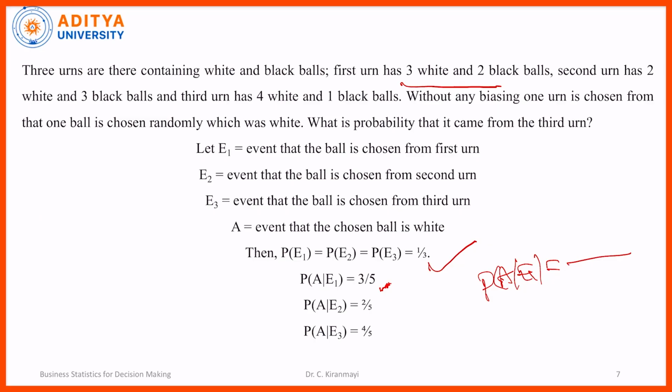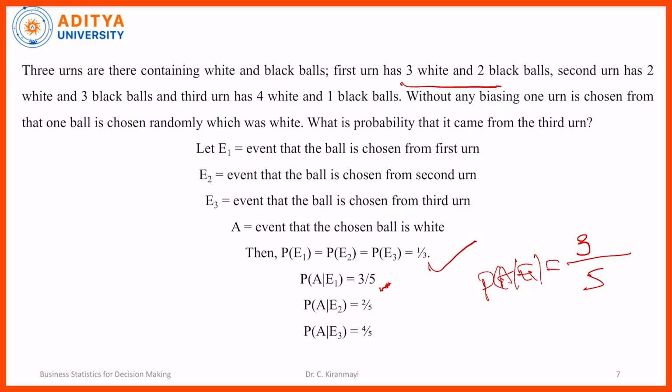How many balls are there in the first urn? 5 balls. Event A is selecting one white ball. How many white balls are there in the first urn? 3. So there are 3 favorable cases, therefore P of A given E1 is 3/5.